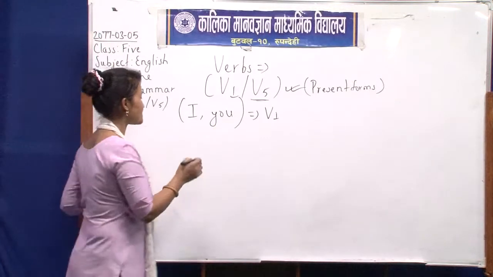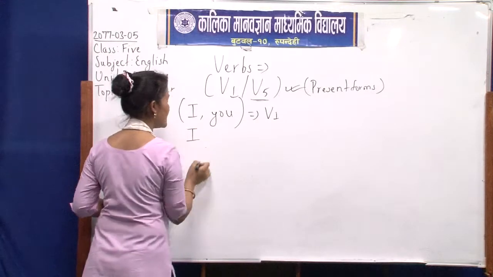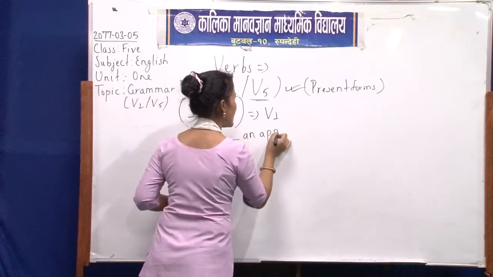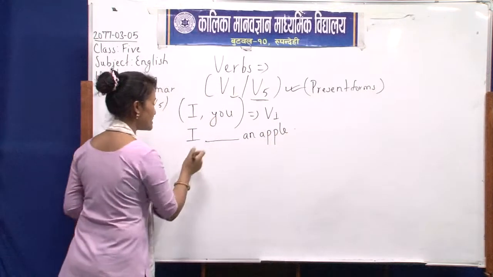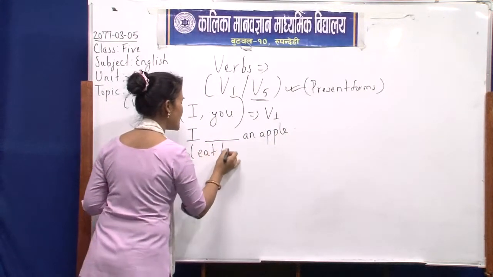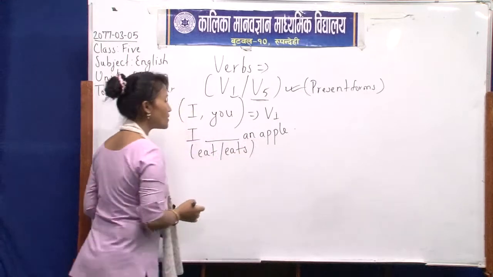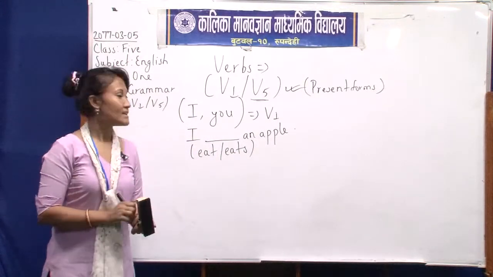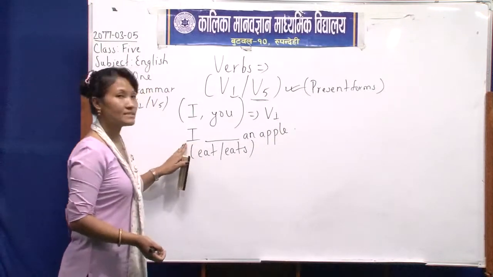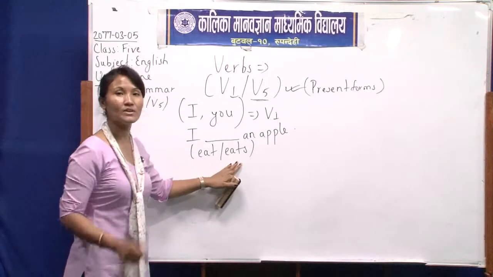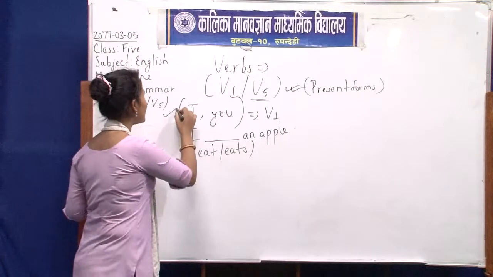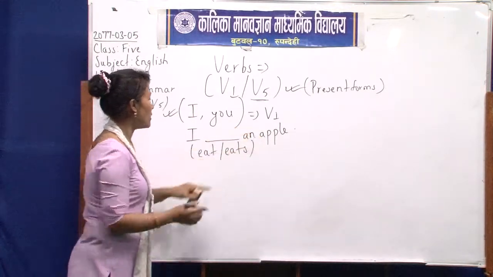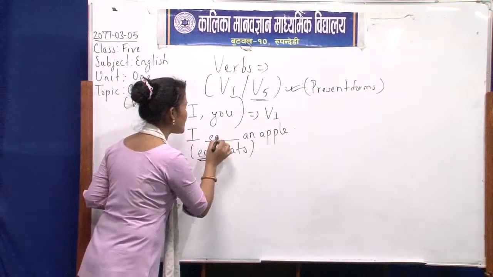That means, let's make a sentence here. I. I have made one very simple sentence here. If the options come here, eat, eats, what are you going to use? You cannot think that the teacher said I is singular, that means it takes verb 5. No. It is an exceptional case, you have to keep it in your mind that I will take verb 1, the correct answer will be eat.